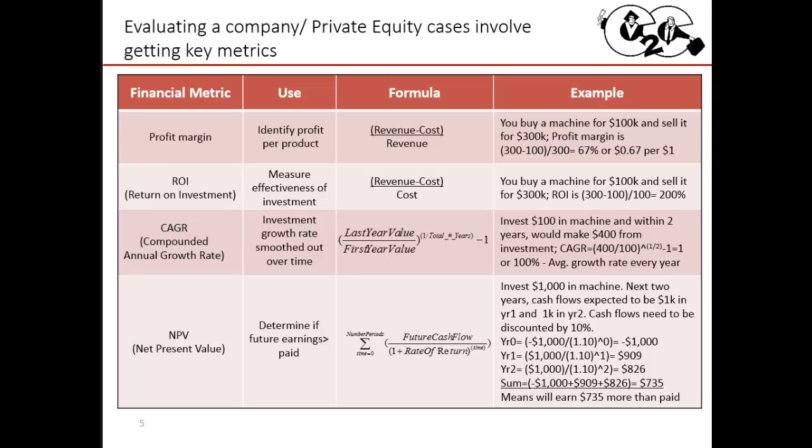Now cash is being discounted again, once by 10% and another time by 10%, to the power of 2, which equals 826. If I sum the $1,000 deficit plus 909 plus 826, that equals 735.